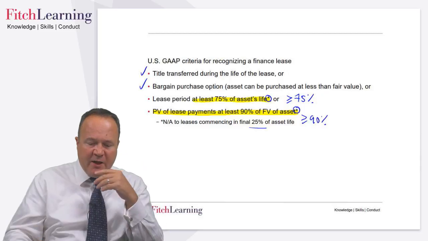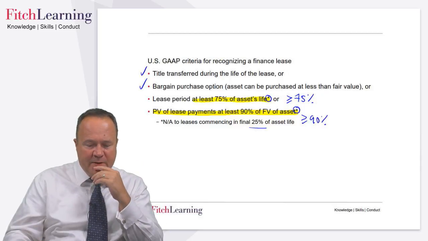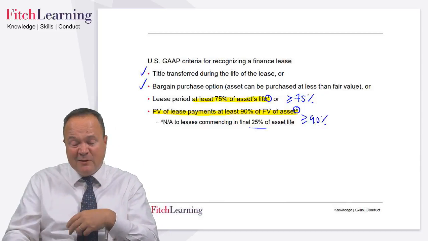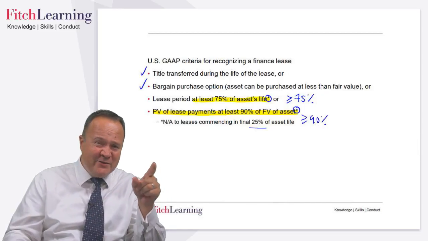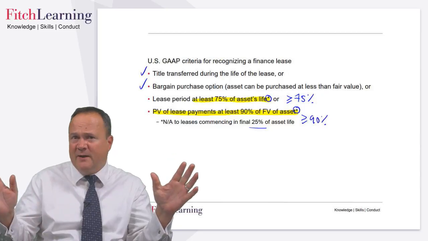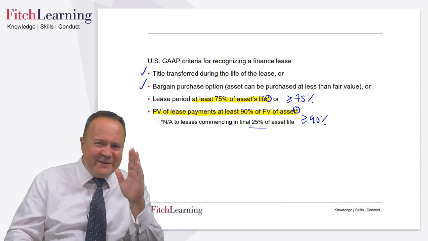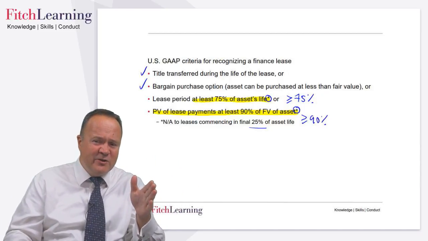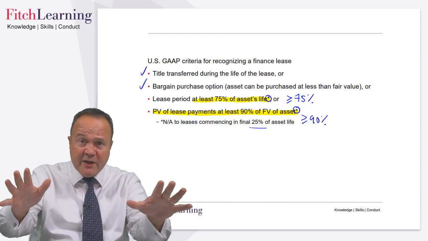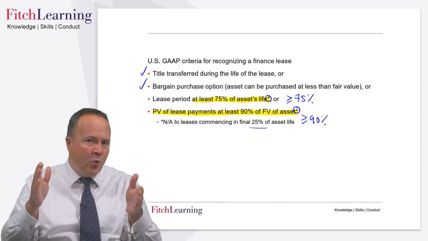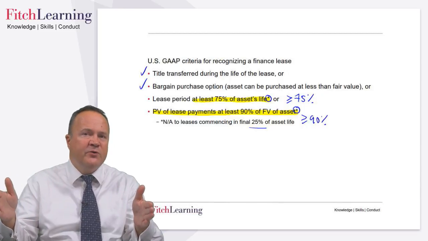You say, I want to hire a car for 1.5 years. And the guy behind the desk says, well, I've only got that knackered old car at the back. It's already 6 years old. You'll say, fine, I'll take it. But he'll say, yeah, but it's 6 years old. It's only got 2 years left until it gets scrapped. You'll take it, fine. So you've got 1.5 years of the final 2 years.